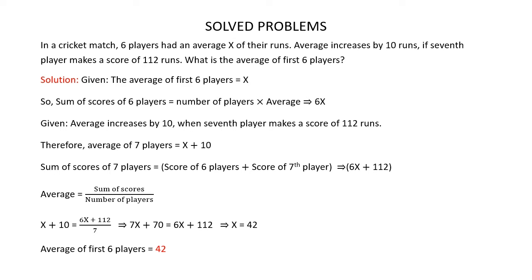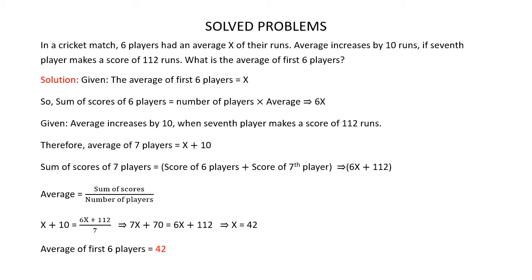We know that the score of 6 players is 6x and the score of seventh player is given as 112 runs. So the sum of 7 players is equal to 6x plus 112.